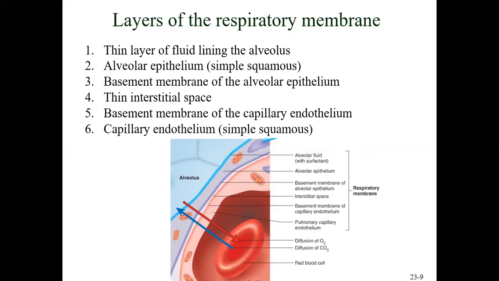Of course, they usually use the term endothelial when you talk about the blood vessels, the capillary, because they face on the inside, so they just call these endothelial cells. They're basically epithelial cells on the inside of a structure. So 6 layers of the respiratory membrane to exchange gases. Gases diffuse across these 6 layers.